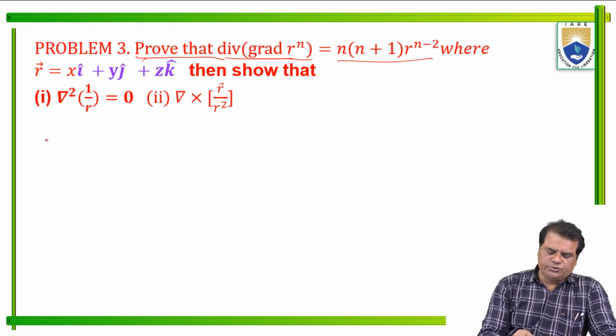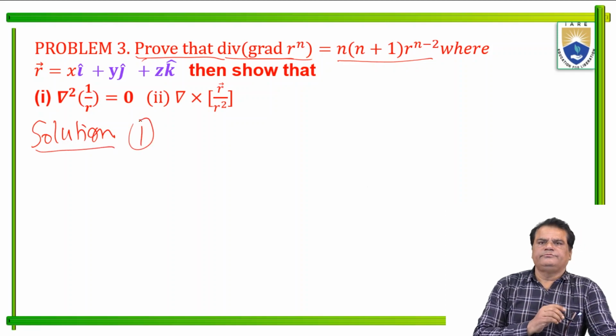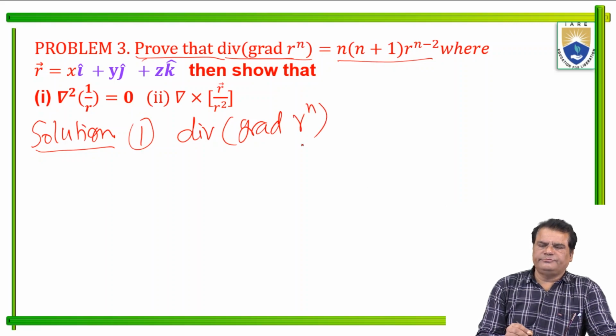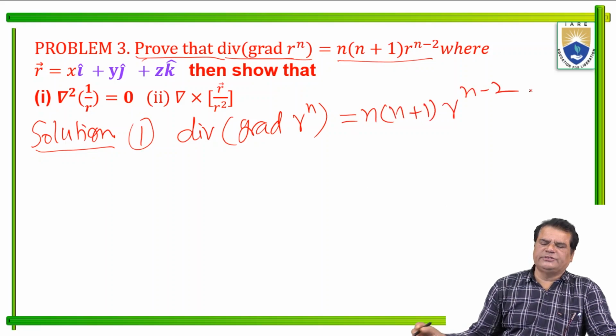So solution, first point: divergence grad r to the power n, this must be equal to n into n plus 1 r to the power n minus 2.